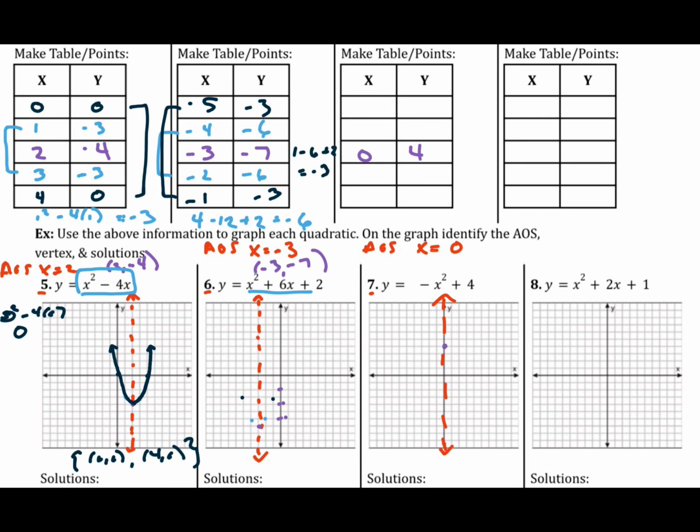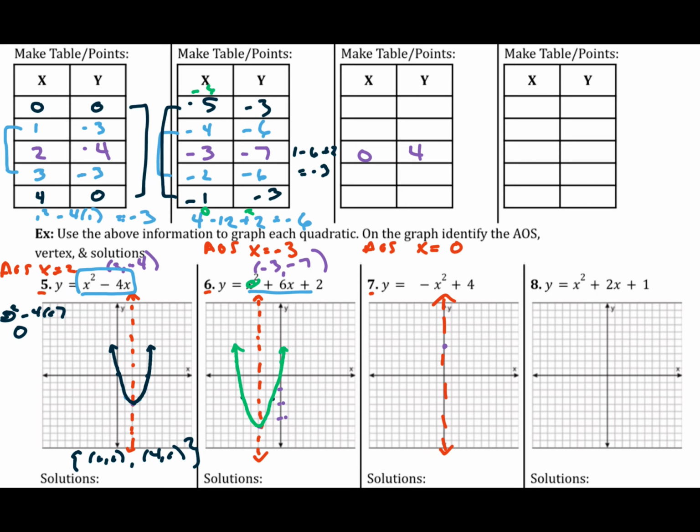So the next number that I would plug in would be 0, and that would go with -6. If I plug in 0, I'm going to get 2. 0 plus 0 plus 2 is going to be just +2. So (0, 2), and (-6, 2). And again, I'm kind of running out of space here, so I'm going to connect.